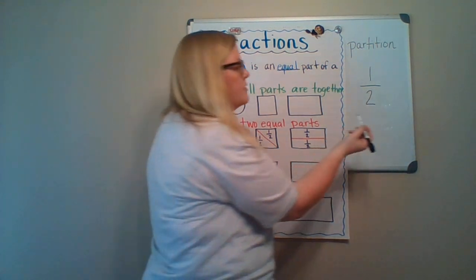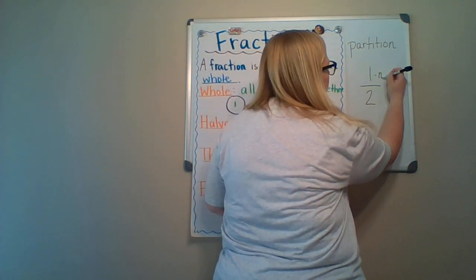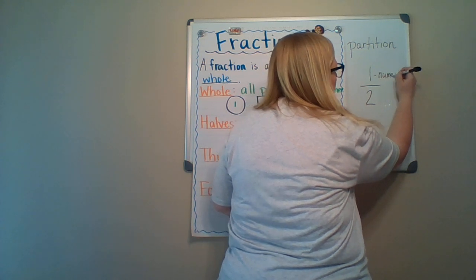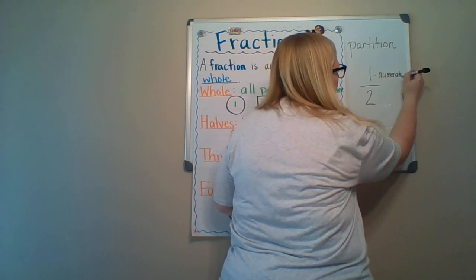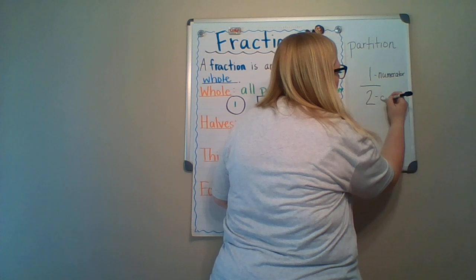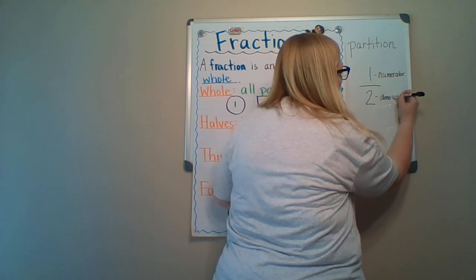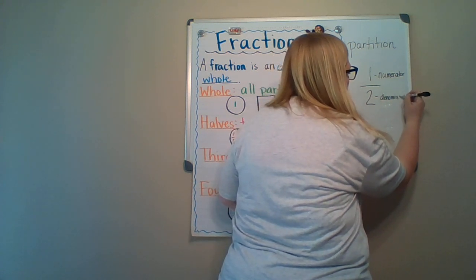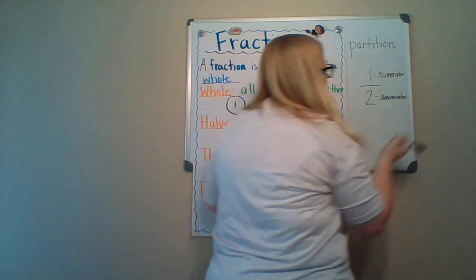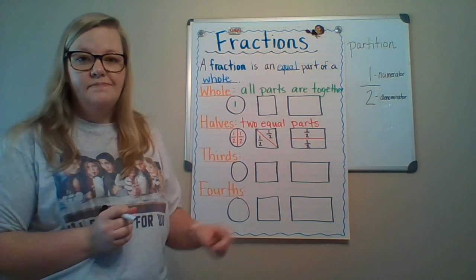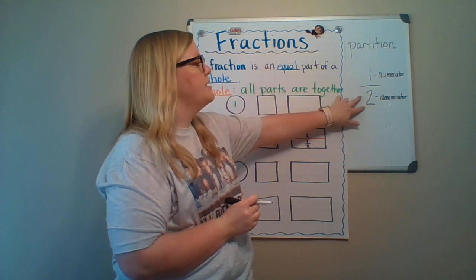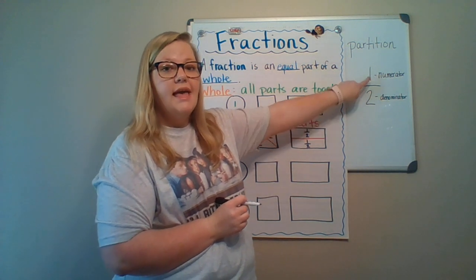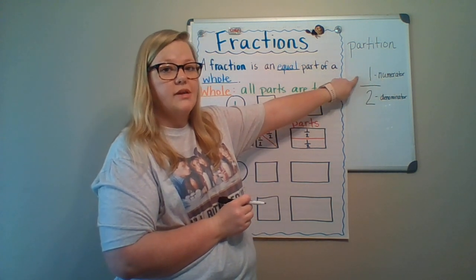So the top number is called the numerator, and the bottom number is called the denominator. And all those numbers mean are how many pieces there are total and how many you are working with.